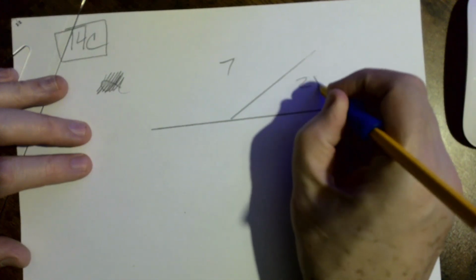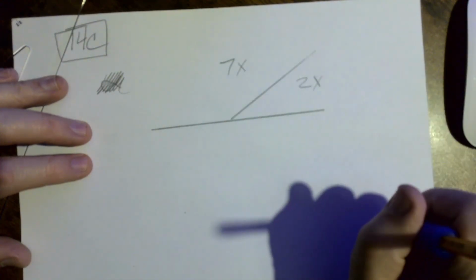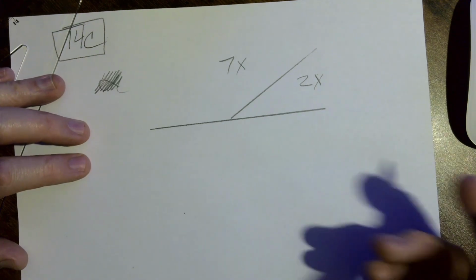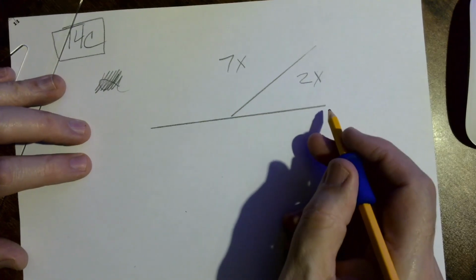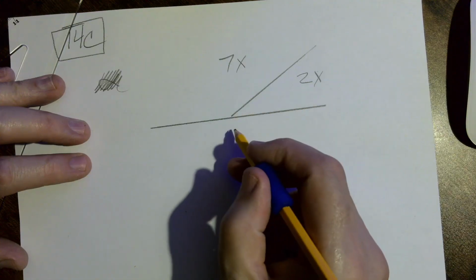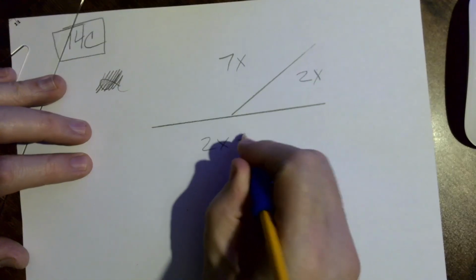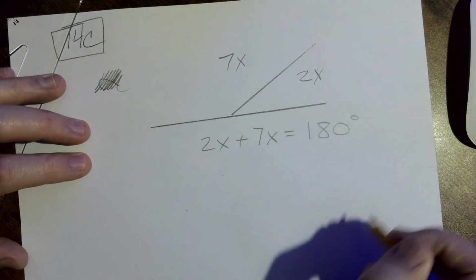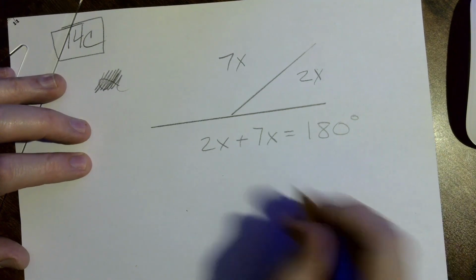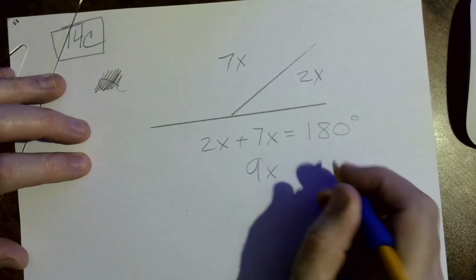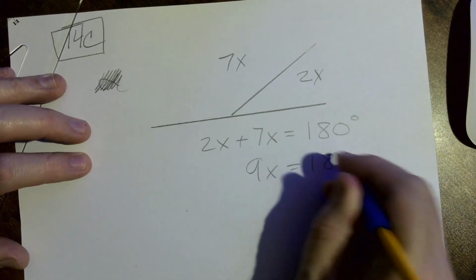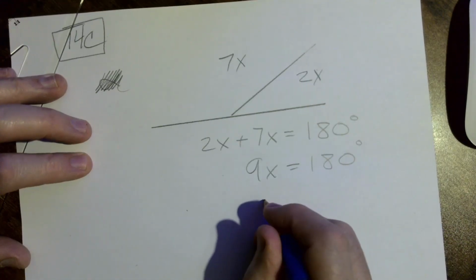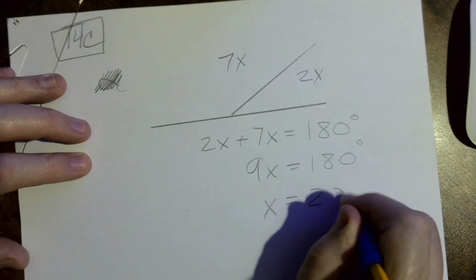So 2x, 7x, and since we're talking about a linear pair, these are supplementary angles. So 2x plus 7x equals 180 degrees. 9x equals 180. X equals 20.